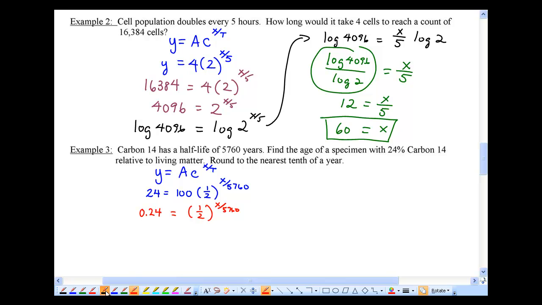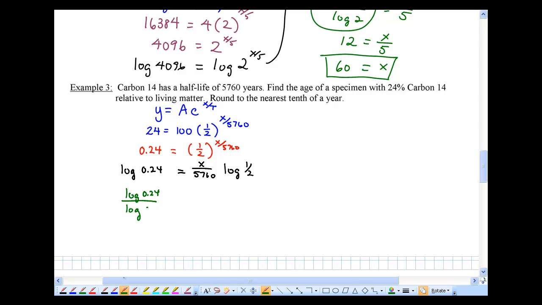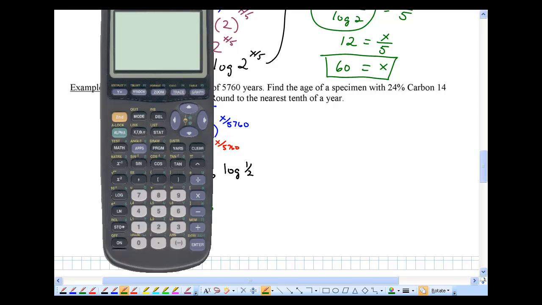But now we can just take log on both sides. So log of 0.24 equals x over 5760 times log of 1/2. I like to put all the logs to one side this time first of all. So let's go log 0.24 divided by log 0.5, and that equals x over 5760.